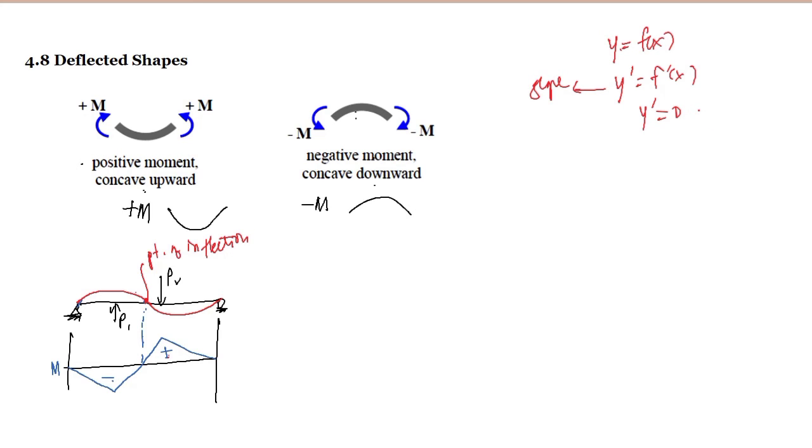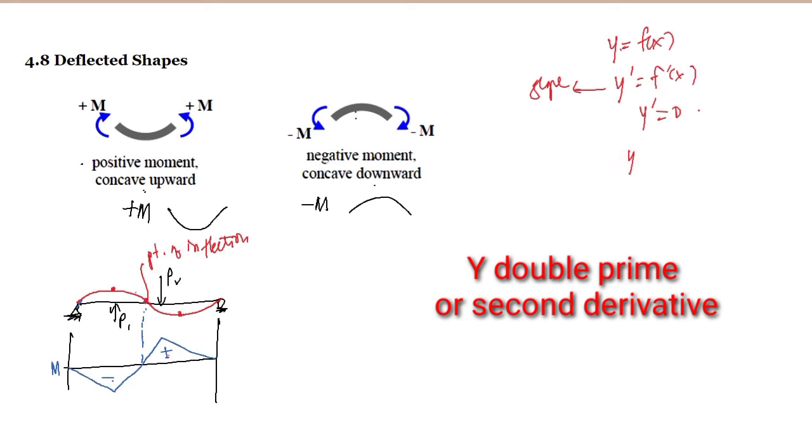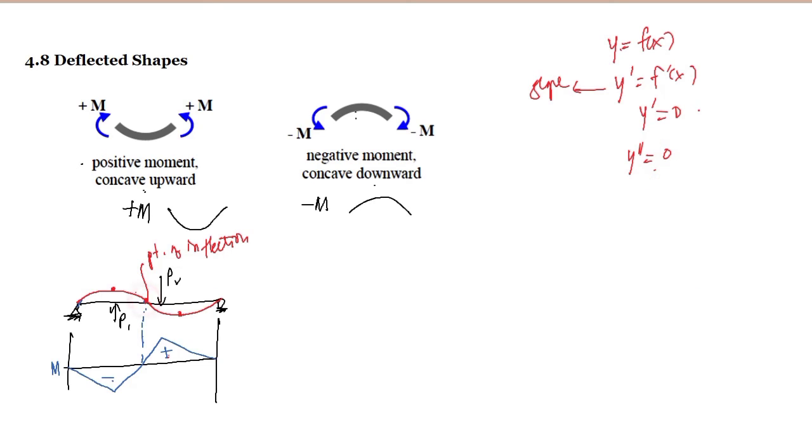You have them at the point where y prime is equal to 0. That's the location of the relative extremum or the minima and maxima. Now if y double prime is equal to 0, that is the location of the point of inflection.